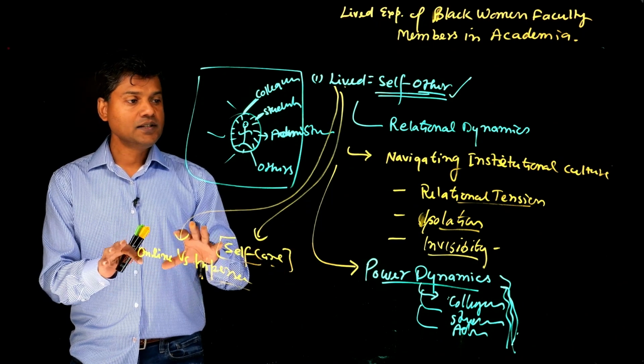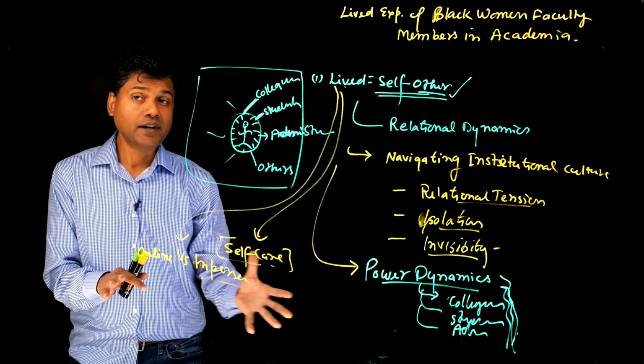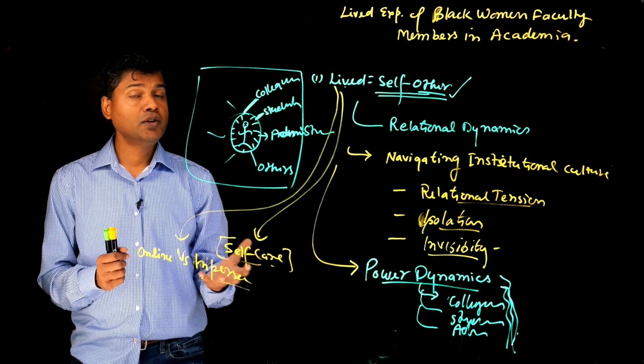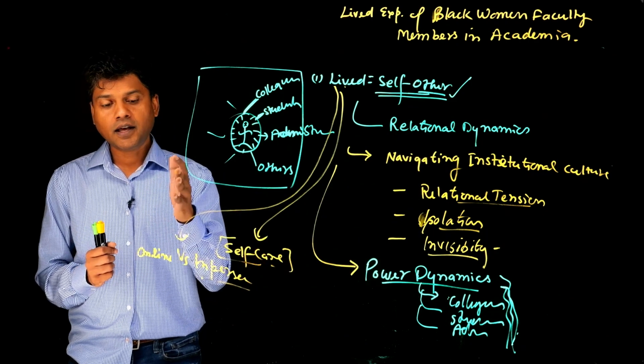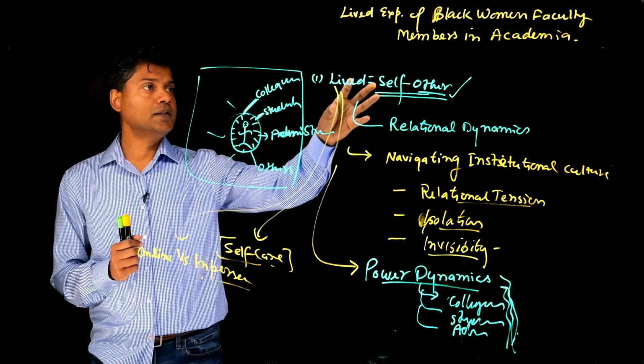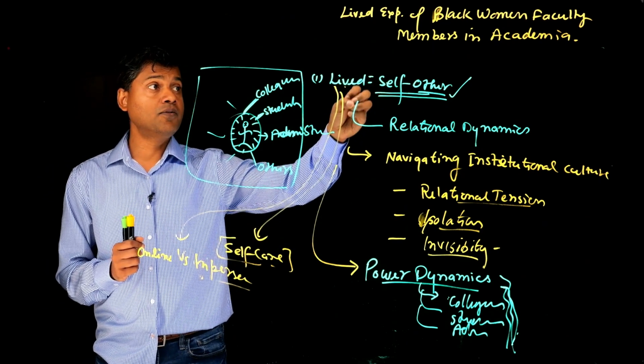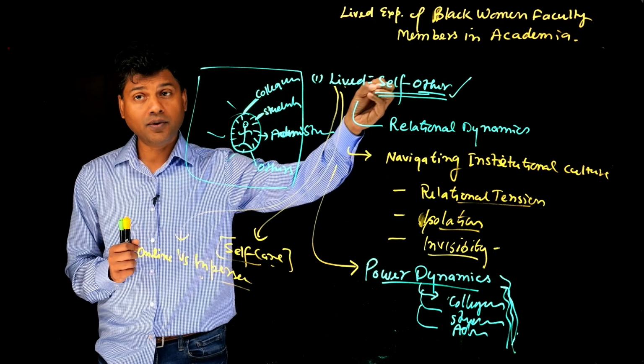So these are all possible things which may come up when you look at the data, analyze the data, and look at this template, the existential of lived self-other.